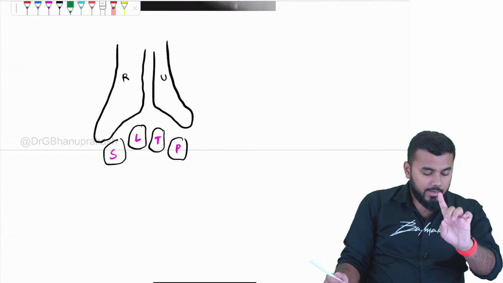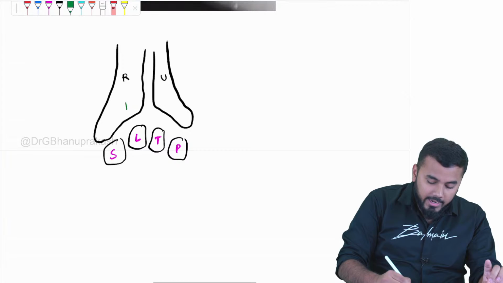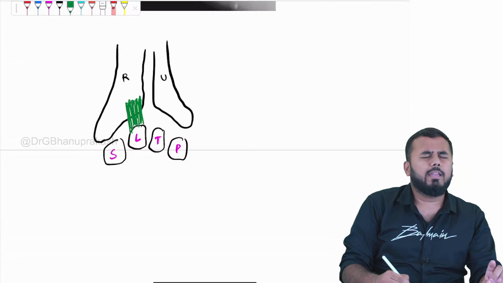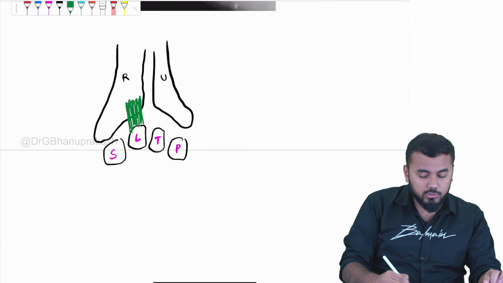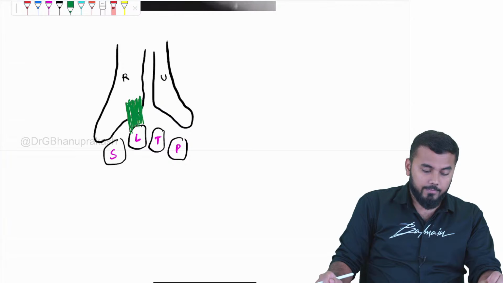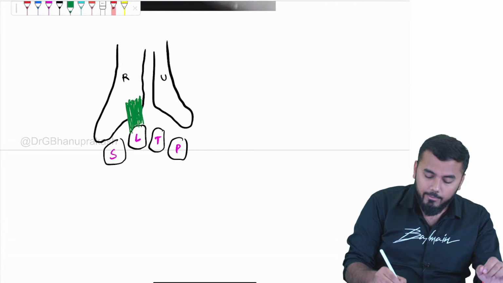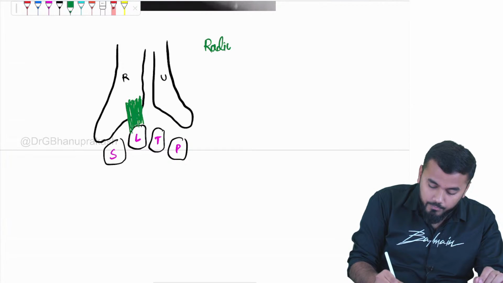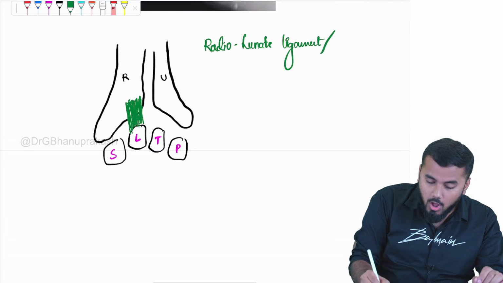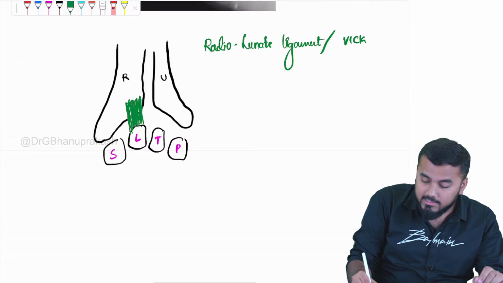There is a ligament that is attached from radius to lunate. This is called the radiolunate ligament, or the other name for this is Vickers ligament.